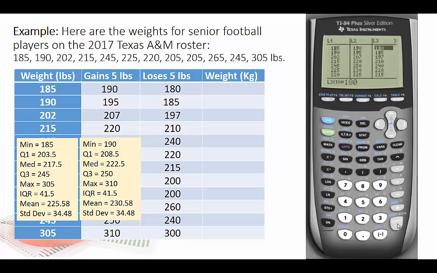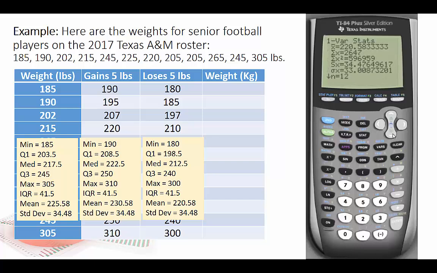And then go to one var stats for list 3. And you'll see there is my new summary data. How does that look? So now they lost 5 pounds. Well, if you look at the numbers, all of these numbers are 5 less than the original, with the exception of the spread, IQR, and standard deviation.